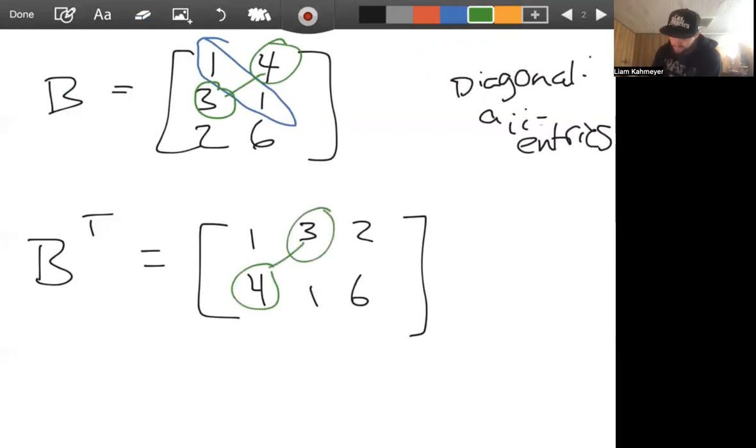But then the 6 doesn't really reflect across the diagonal, since there's no entry for it to reflect to, but geometrically, that line of symmetry still exists, right? And so it's a little less clear to think about this for the transpose when you have something that's not square.